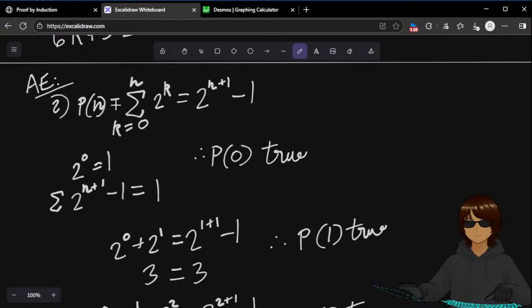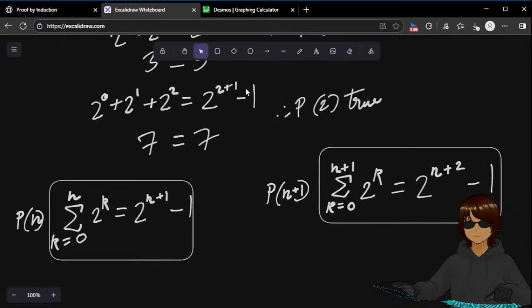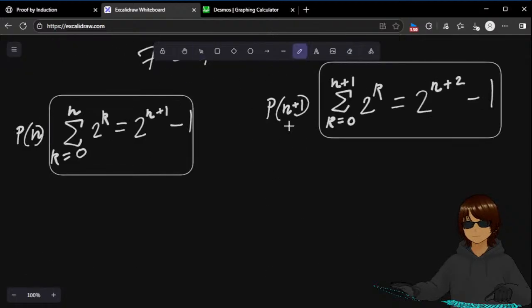Or is it just equals to? No, that doesn't make sense. Equals to is used here. Sum of k plus 1.